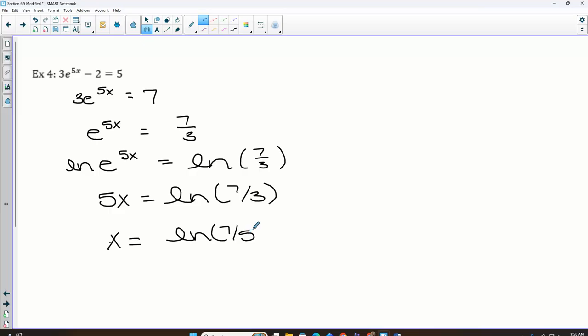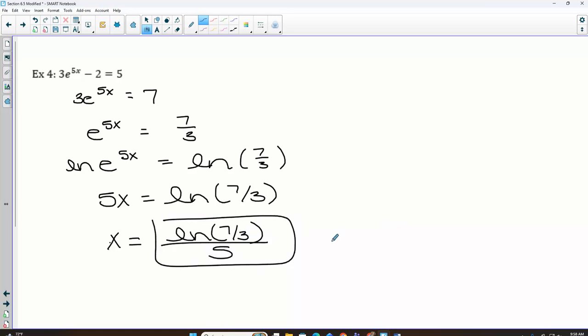So natural log of 7/3 divided by 5. That's our exact answer. Decimal approximation. And you can always check those approximations by plugging them back in.